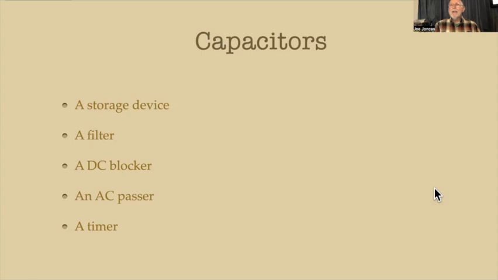Many of us are old enough to remember old tube radios. Do you remember the ones that would go hmm? Well, the filter capacitor was going bad in those and you needed to replace it. But that's one of the things capacitors are used for. They're used for all kinds of filters. We will get into those much later.